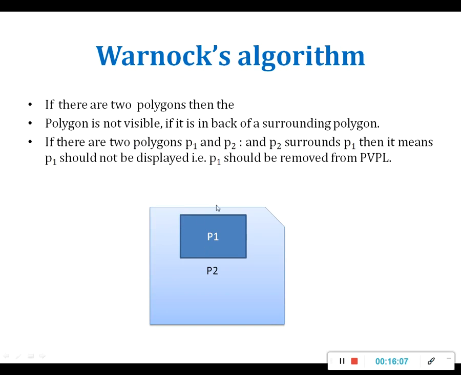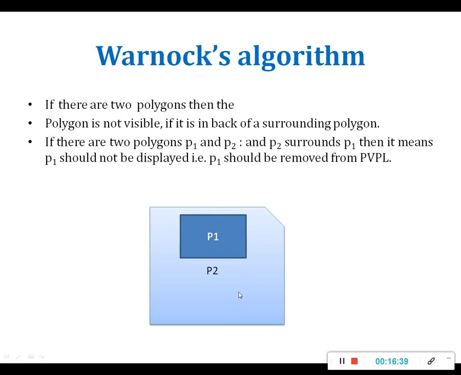If we look at the content category example, here you can see this is P1 and this is P2. We can see P1 is contained in P2. Initially we colored P1 with the color of its polygon, and whatever remaining area is surrounded by polygon P2 is colored with the color of polygon P2.